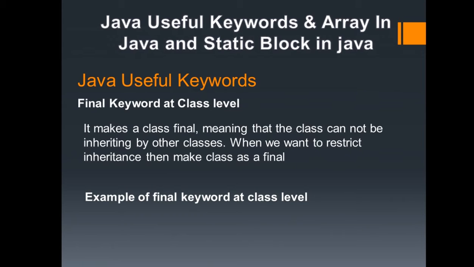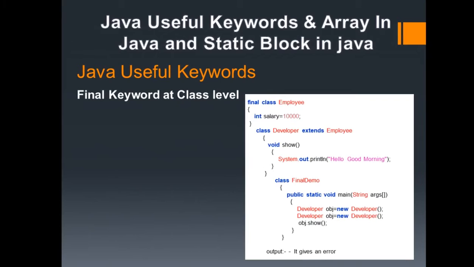Final keyword at class level makes the class final, meaning that the class cannot be inherited by another class. When we want to restrict inheritance, we make the class final. An example of the final keyword at class level is this: final class Employee with int salary equals 100. There is another class Developer that extends the Employee class, with void show and System.out.println hello good morning.